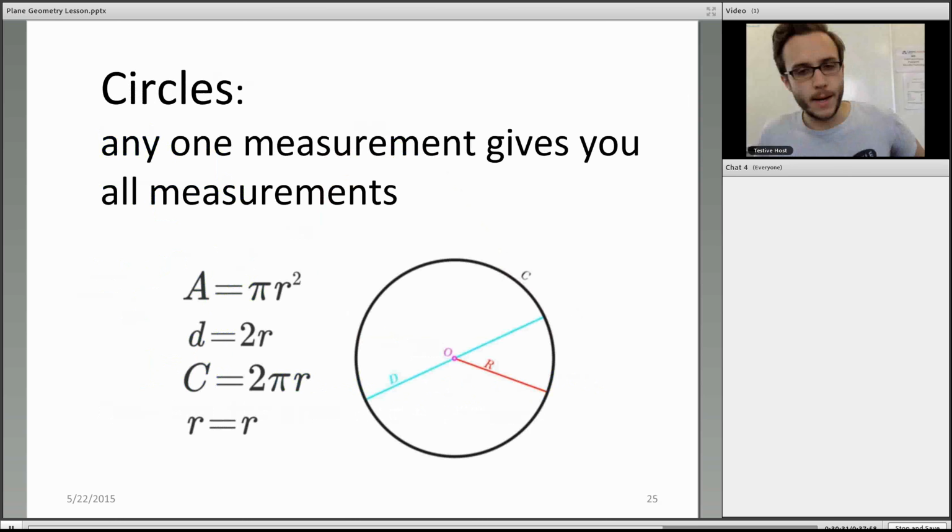Circles, one kind of nifty thing about circles is that, similar to how we're seeing throughout plane geometry, one of these formulas can actually help you derive the rest of these formulas. So we know that area is pi r squared. Diameter we can figure out if we have r because it's just 2r. Circumference we can figure out from r because it's 2 pi r.